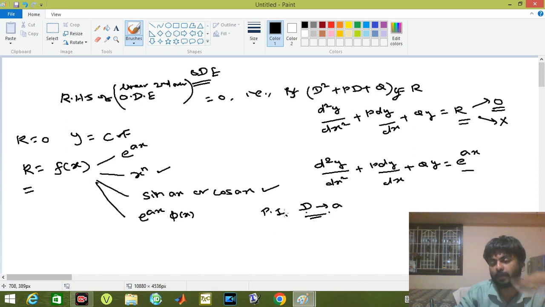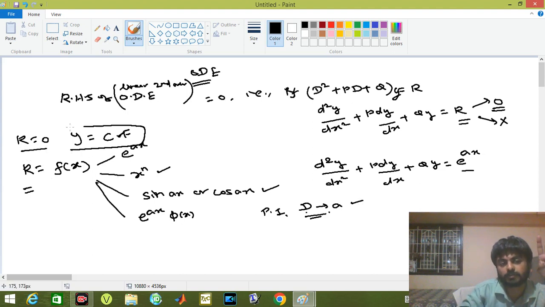For upcoming topics, I shall update you on the procedure then and there. If I tell all at a stretch, you may forget. So I shall remind you of the concept then and there. We have seen two concepts. When r is equal to 0, y equal to CF will be the solution.